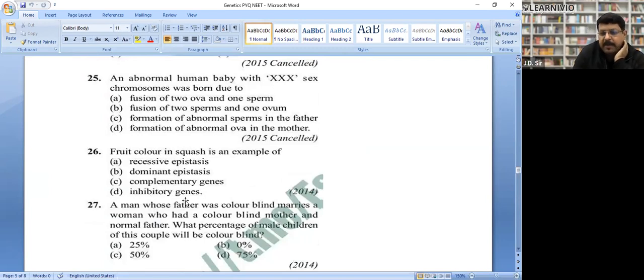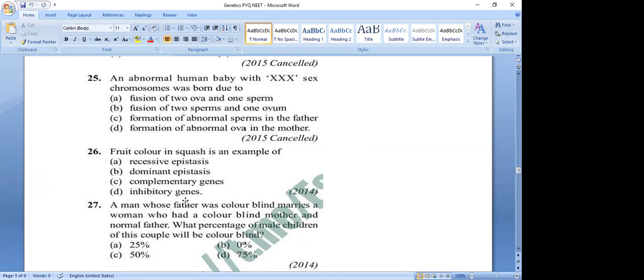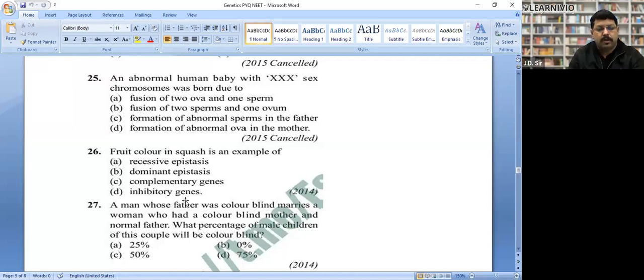An abnormal human baby with a triple X sex chromosome was born due to... Because of the abnormal ova in the mother. Abnormal ovum. That can also be the answer.